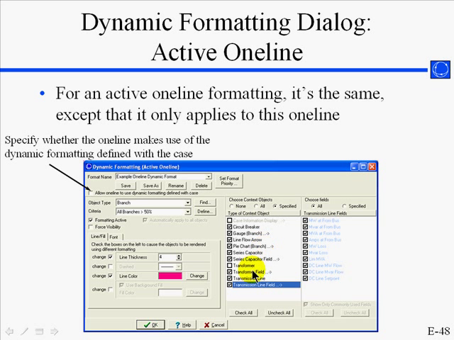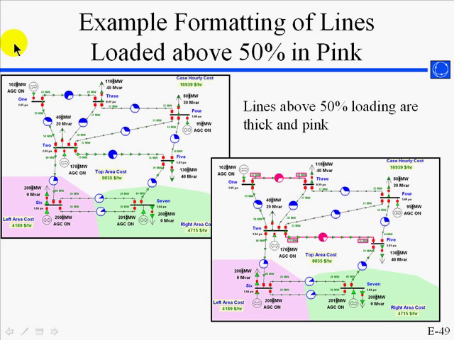They're just grayed out, and the case information icon is not shown. This slide shows the example that we just did with lines that were loaded above 50%.